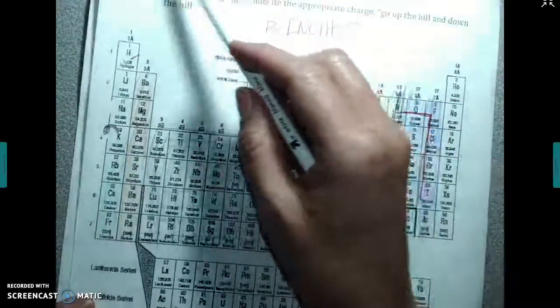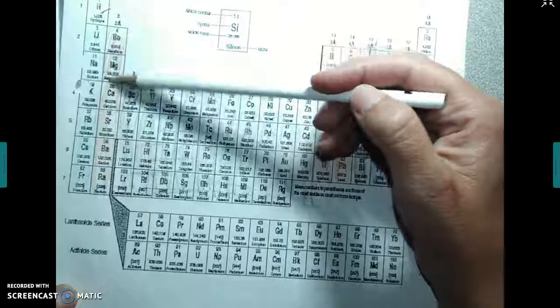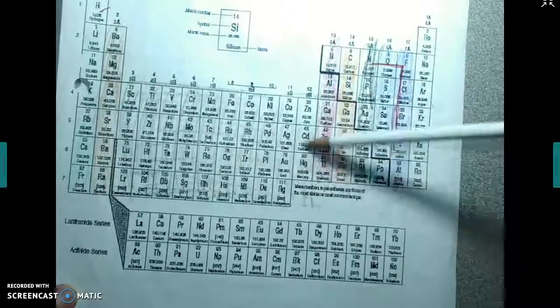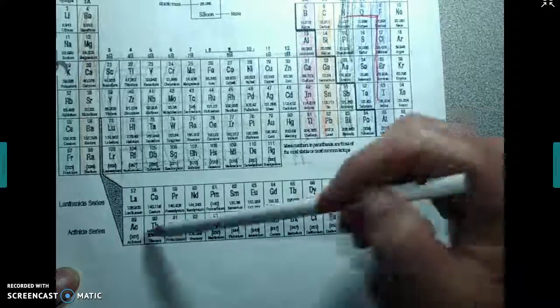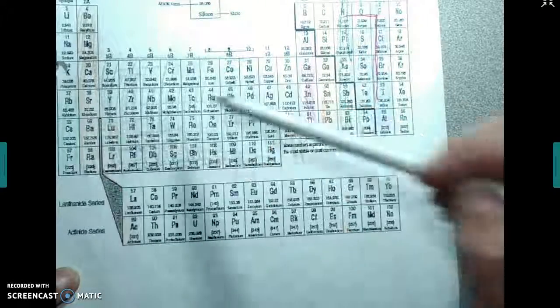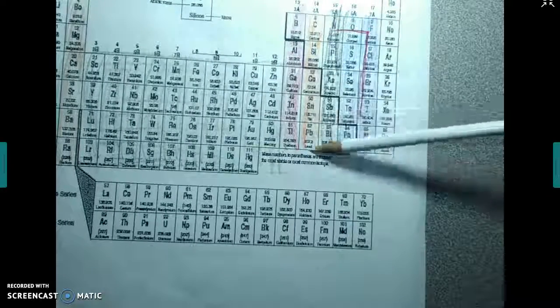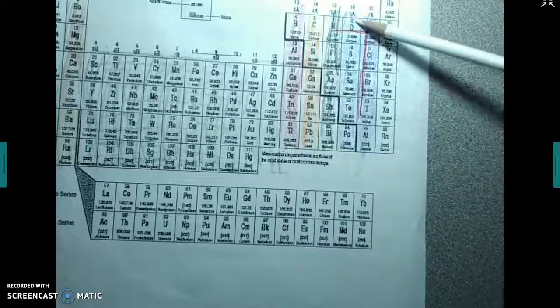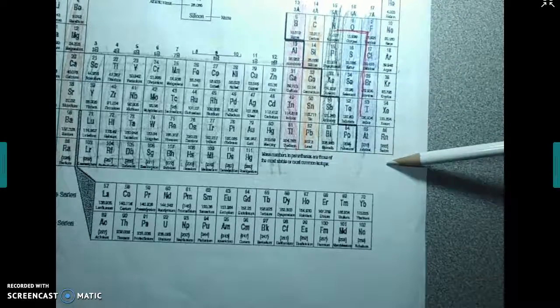Okay, so here you were to color. So the alkali metals, the alkaline earth metals, the transition metals, the inner transition metals, because they insert here, the boron group, the carbon group, the nitrogen group, the oxygen group, the halogens, the noble gases.